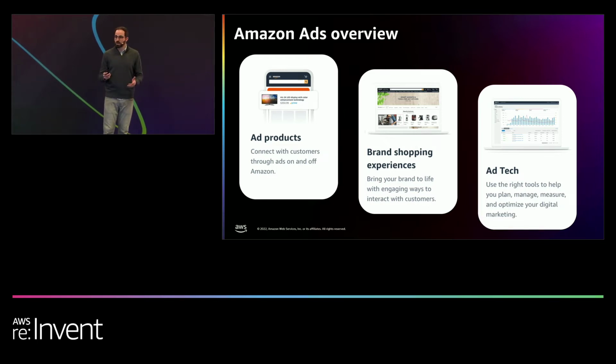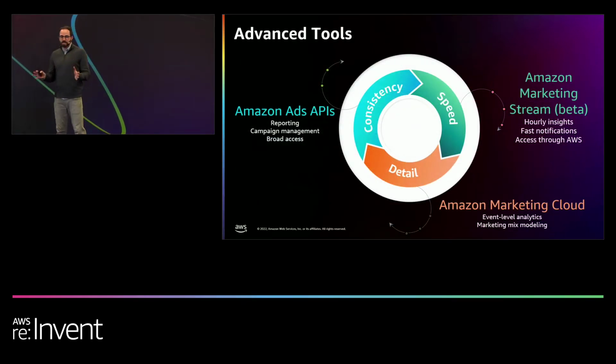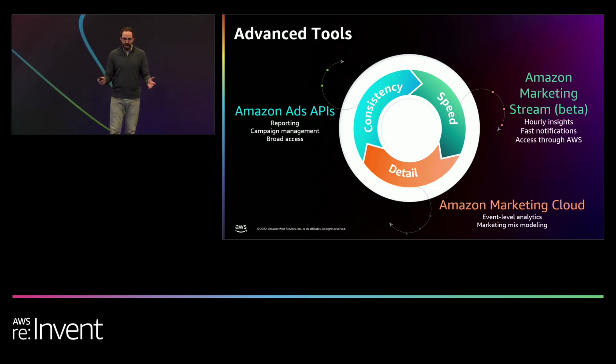That's what we're going to talk about today, which is the ad technology that exists and where you could become more and more creative with what you actually develop. At a very base level, from buying ads, the least technical side of it is that we have an advertising console. A marketer or their agency goes in, they set up ad campaigns, their bids, their budgets, and they set up some basic optimization.